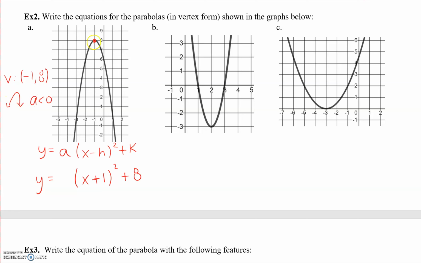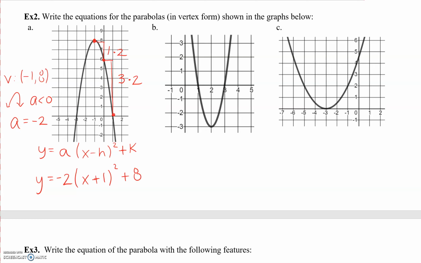When I go look at how I go from one point to the next nice point, it looks like I had to go over 1, down 2, and then over 1, and then down 6. So that tells me that my vertical dilation must have been by a factor of 2 because I took what was my original vertical of 1 and I multiplied it by a dilation of 2. So that means A must be -2.